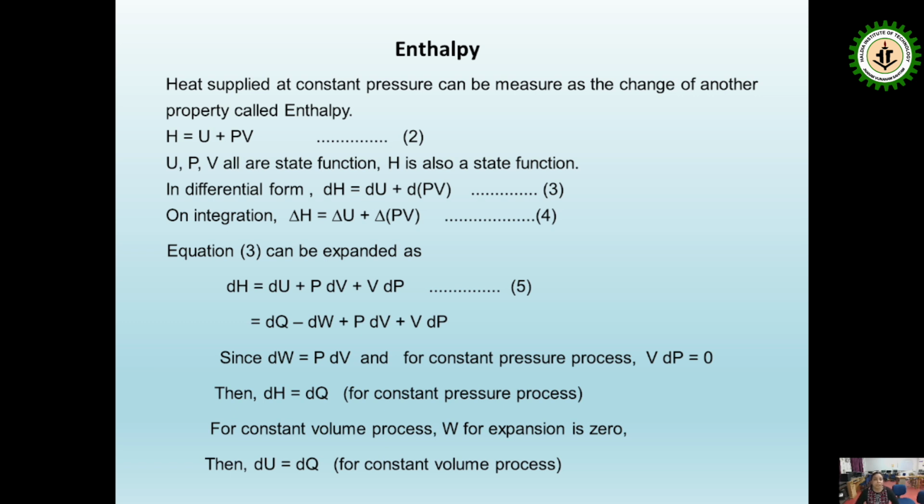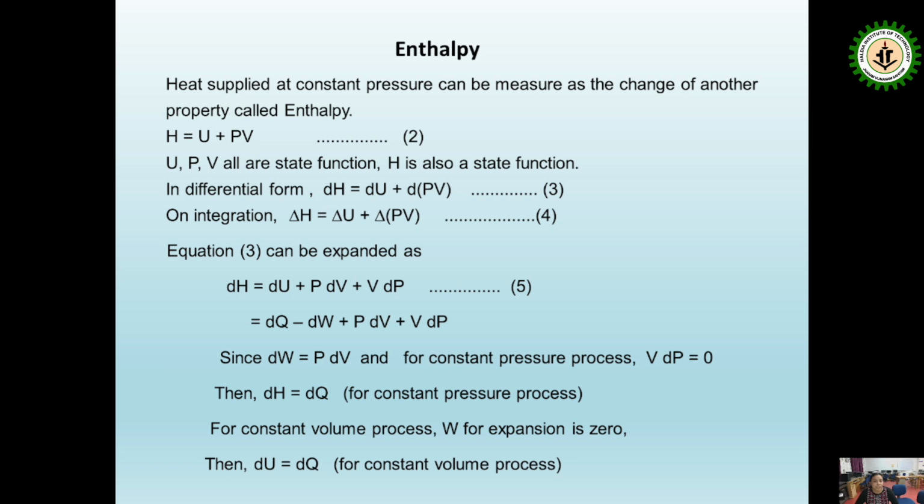So heat supplied at constant pressure can be measured as the change of another thermodynamic property of the system, that is called enthalpy. Enthalpy is denoted as H. It is represented as H equal to U plus PV.